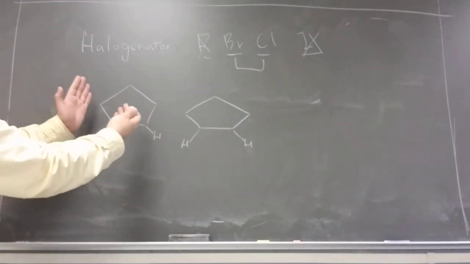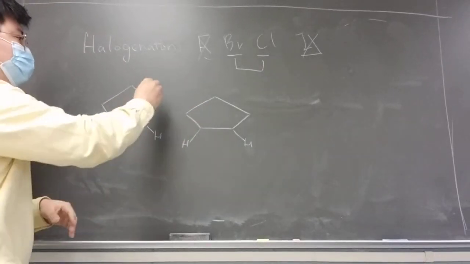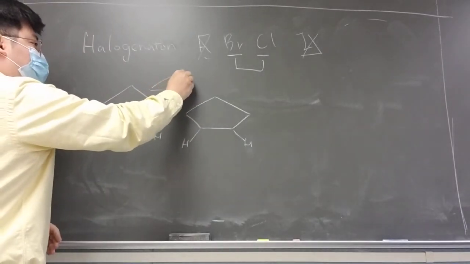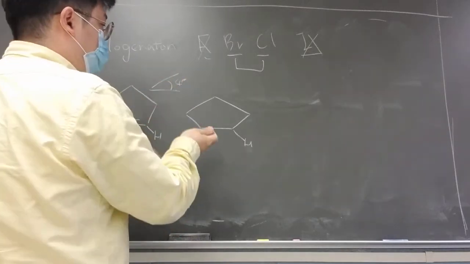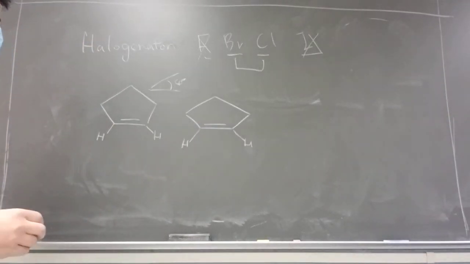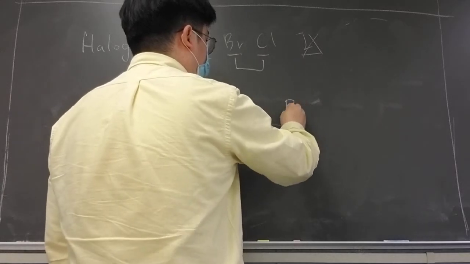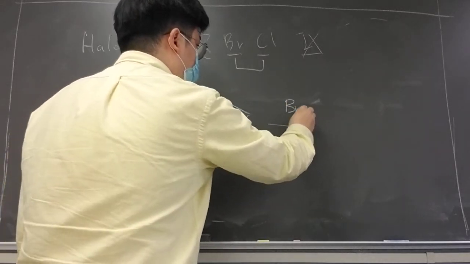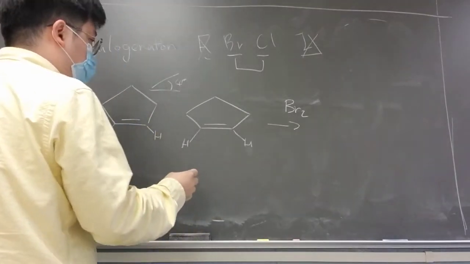This is maybe a top-to-bottom view, where you're looking at about 45 degrees here. If this is the case, what we can do is react it with bromine, in the diatomic form of course, because it's unstable as a monoatomic.